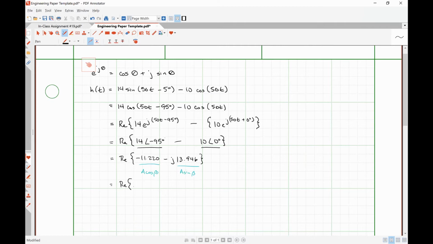I have the TI-36. Just take your answer, hit second pi, and then 4. We'll just type in negative 11.220 minus 13.946j, and then second pi 4. There's a little bit of rounding error, but it'll be okay.